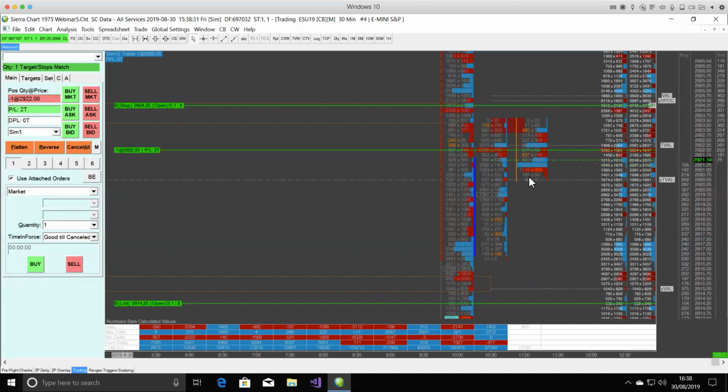If within the trading here I start to see absorption, or I also use Price Rejector. So if I get a Price Rejector condition at the top of my retracement, or if I start to see absorption, and there was absorption flashing up here before I started talking. It's now flashing here.